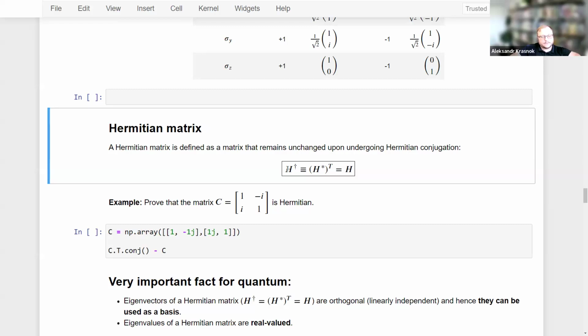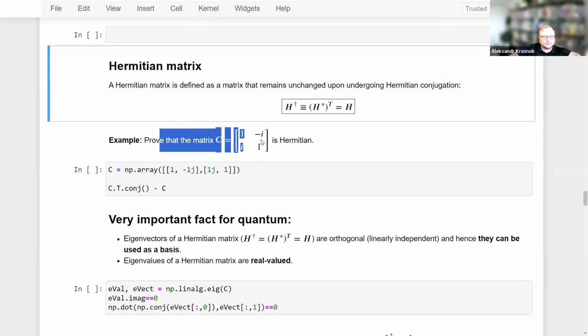So you see this operator H, and then this dagger symbol. This dagger symbol sums up two operations: the complex conjugation, denoted by the star, and then transposition, when you swap rows and columns and vice versa. After transposition and complex conjugation, a Hermitian matrix coincides with itself.